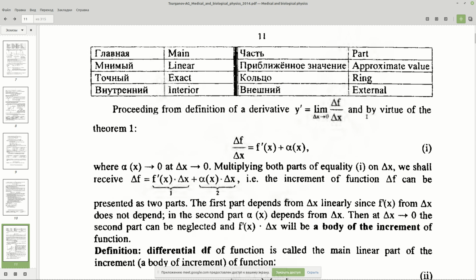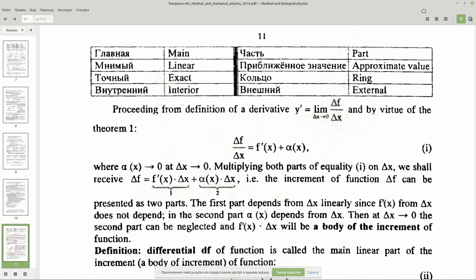So multiplying both parts of the equality by delta x, we receive delta f equals f prime of x multiplied by delta x plus alpha of x multiplied by delta x.